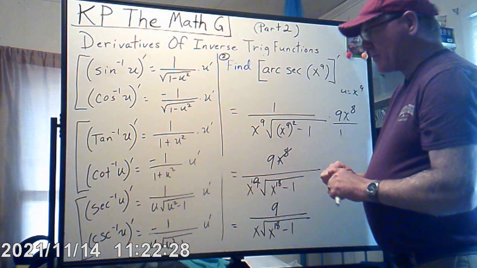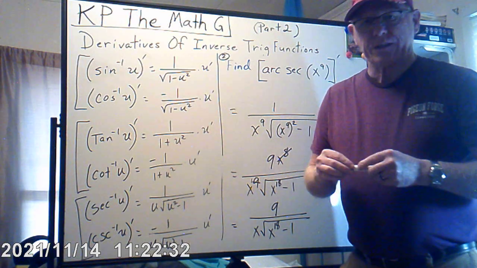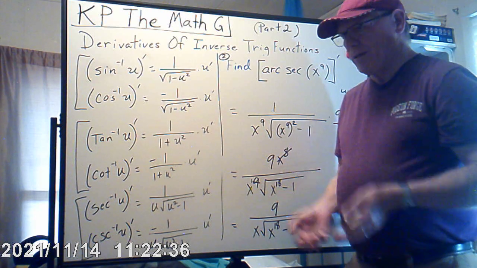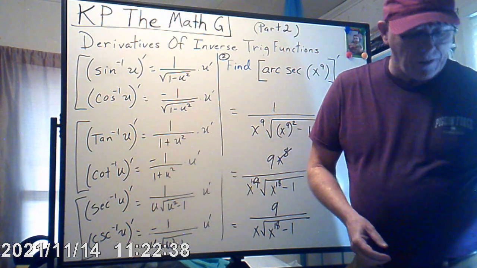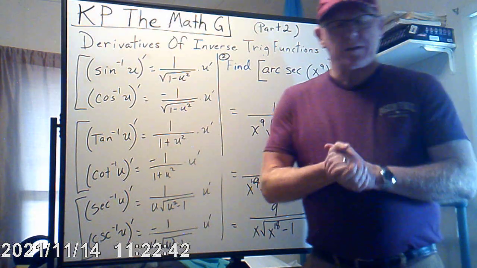Alright, that's all I want to cover on the inverses. We could keep going, but you see that there is a pattern to all of this, and that's basically all I wanted to do, establish a pattern.